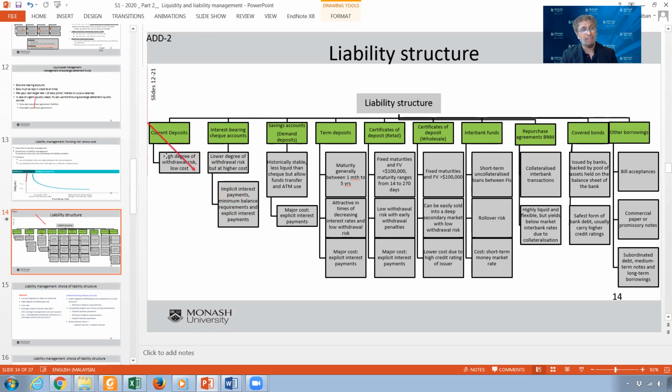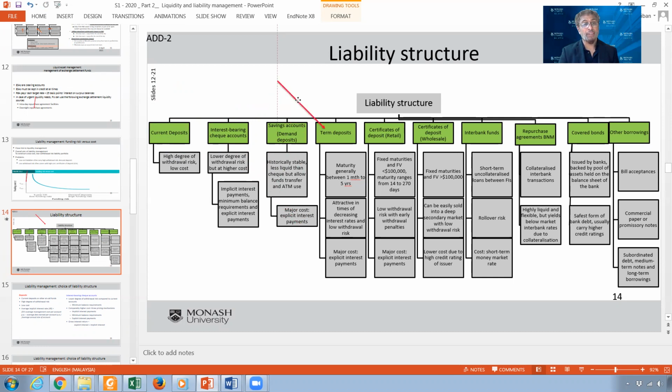Here you don't pay interest, or you pay very little. Saving accounts are what you and I and everybody opening accounts usually have in this country. They are strictly stable, less liquid than checks, but allow fund transfer. I can transfer from my saving account to others through ATM machines. And the major cost is the explicit interest payments, which means how much they pay us.